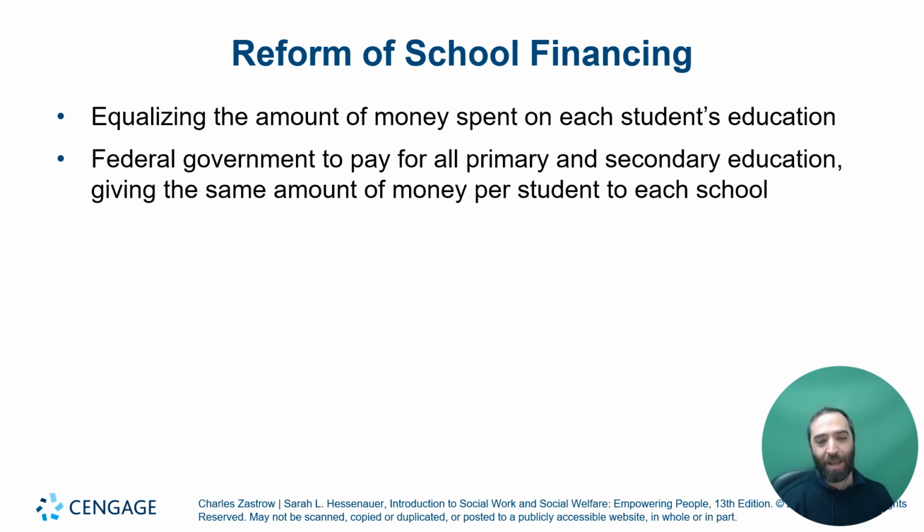That's probably why it hasn't really changed. But another idea is that the federal government could pay for all schooling, right? So if you don't fund it through property taxes and the federal government just funds it through income tax, let's say, then everyone gets the same amount.